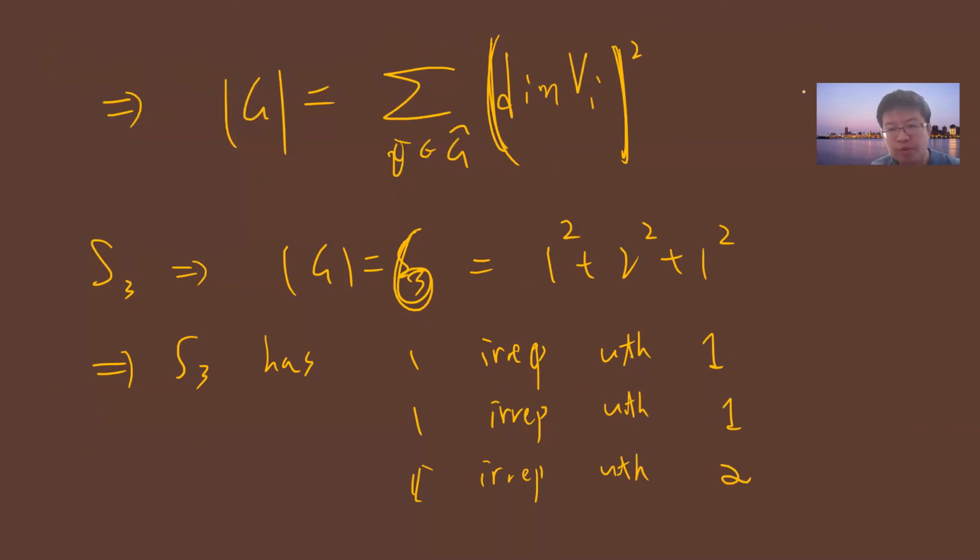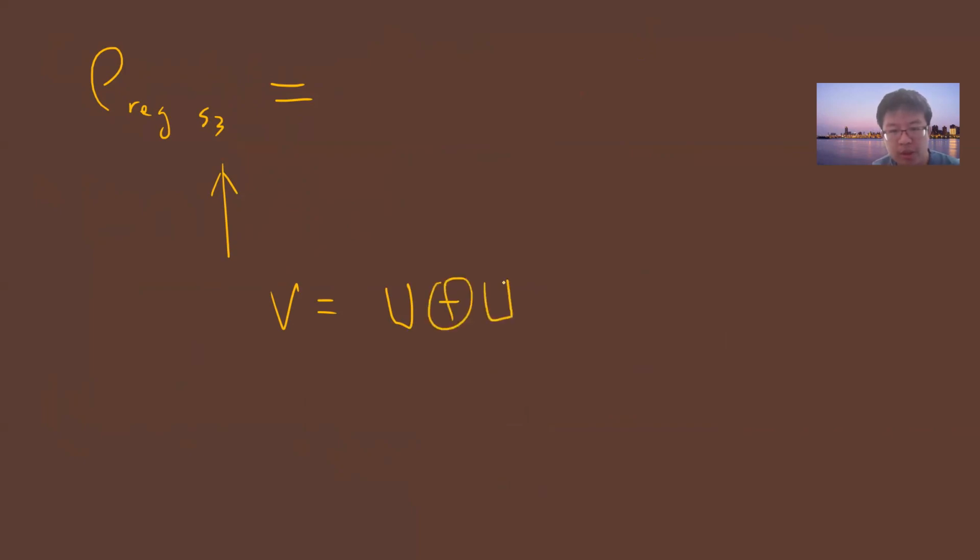What we just proved is that the regular representation of S3 can be decomposed into the one-dimensional representation U1, direct sum another one-dimensional representation U2, direct sum U3, which is 2-dimensional but appears twice.